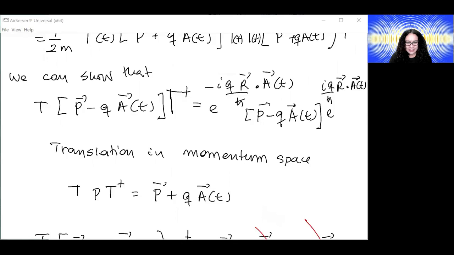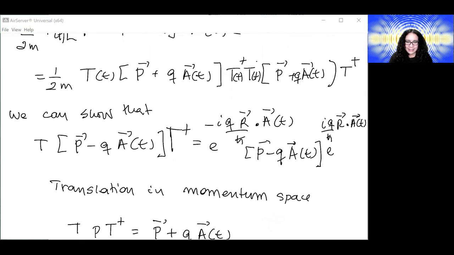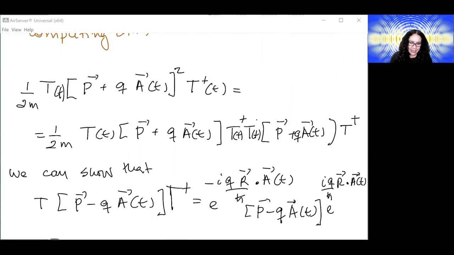Note a few things here. When we did this step, I said I'm going to do a trick to make my life easier. I use the fact that this is unitary, otherwise I wouldn't be able to do this. So I know that T dagger T, which I inserted here, is the identity operator.